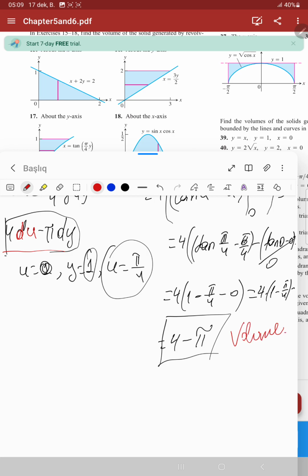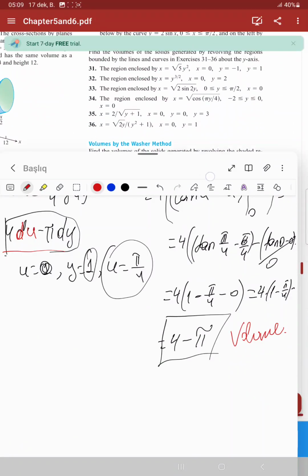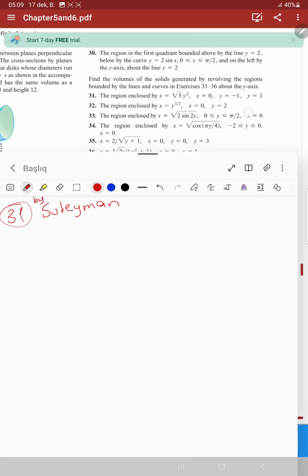Okay, from the problem set, let's take 31. It's by Suleiman, I think. Okay, I will take 33, I think.